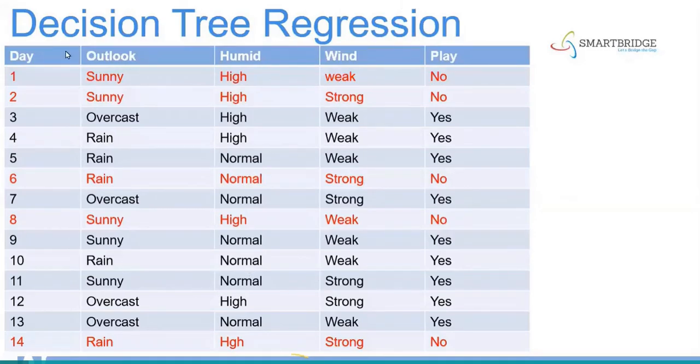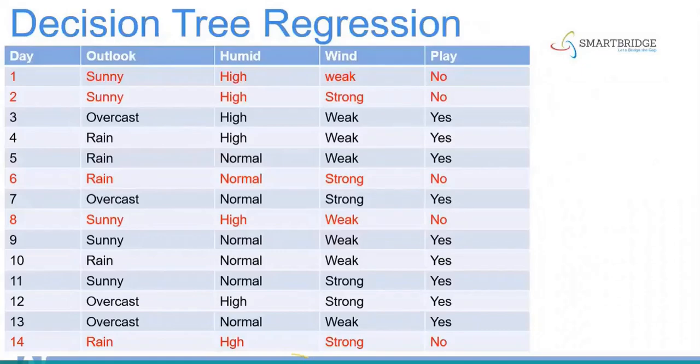Now from this, can you please tell me how many yeses and how many no's are there?